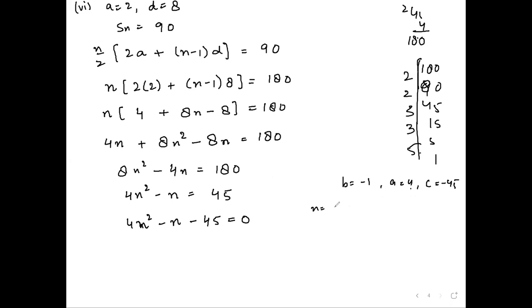Okay. n is equal to minus b, that means plus 1, then plus minus under root b square minus 4ac. So minus 1 square minus 4 into minus 45, and divided by 2 into 4.